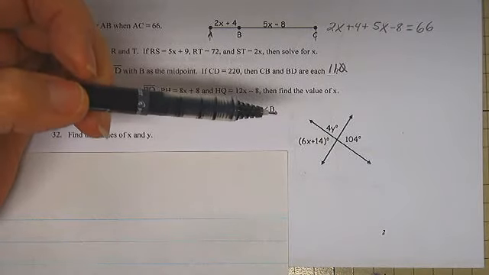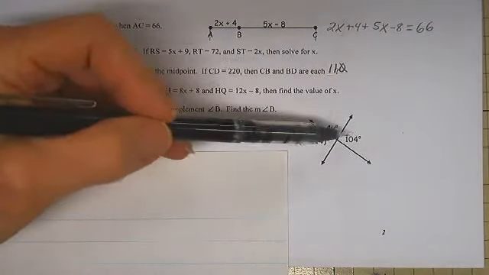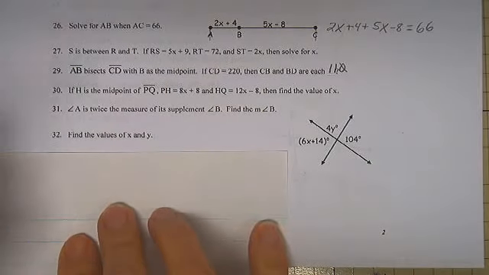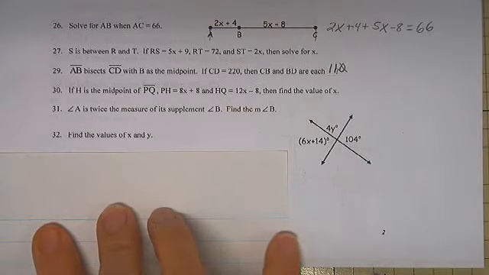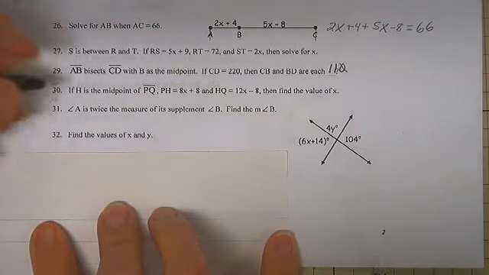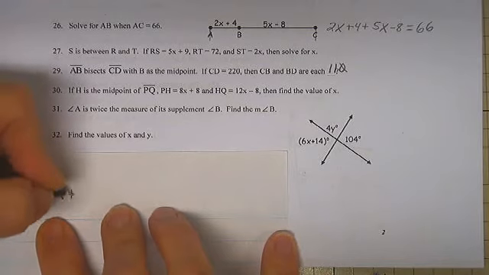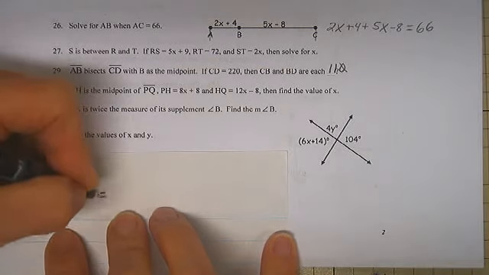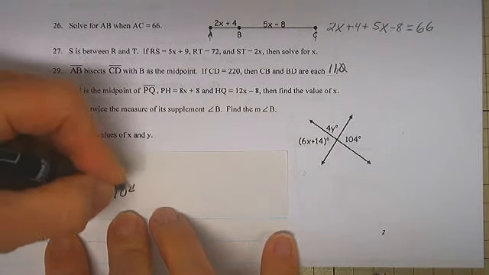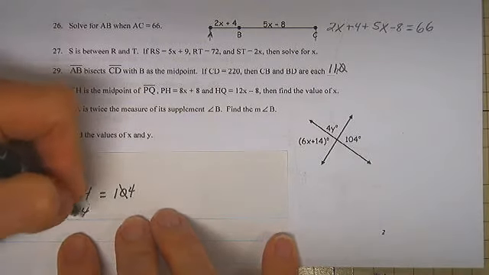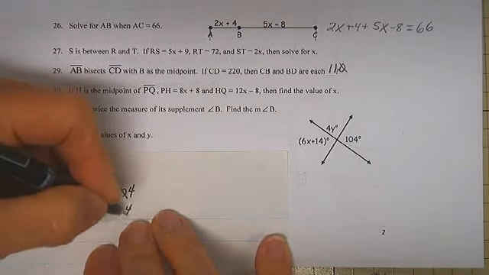Oh, look! We have vertical angles. What do we know about vertical angles? Vertical angles are congruent. Goody! We have a place to start. Now we have an equation. 6x plus 14 is equal to 104 degrees. Subtract 14 from each side.